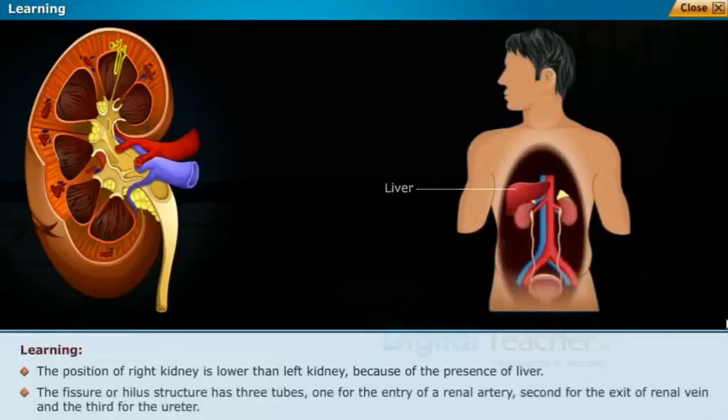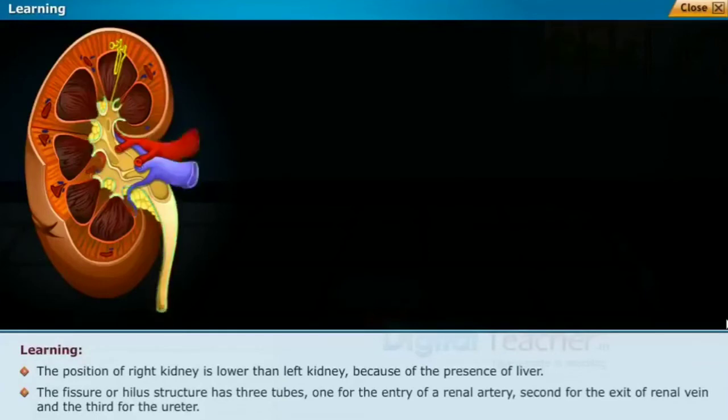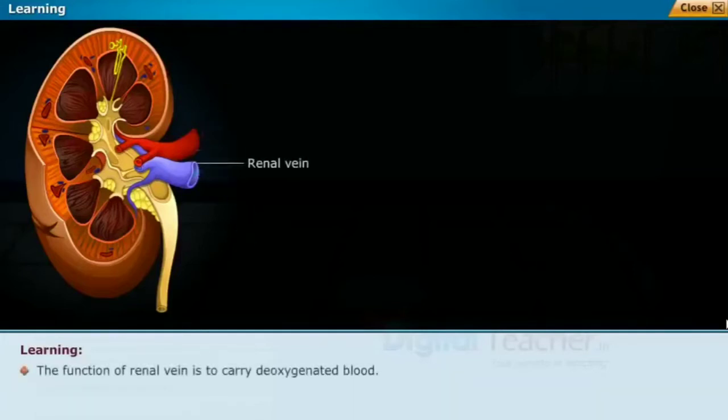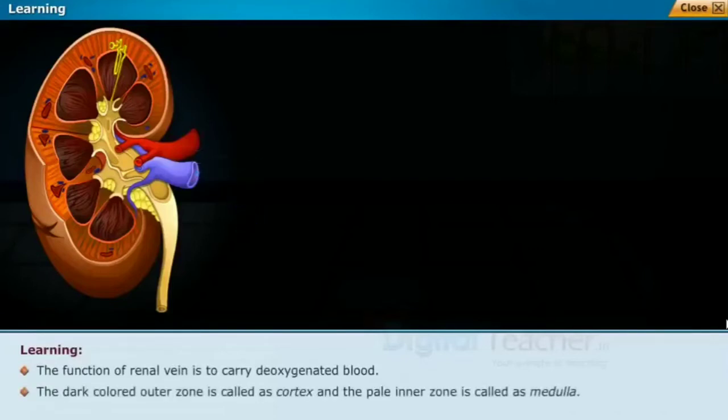The fissure has three tubes: one for the entry of the renal artery, second for the exit of the renal vein, and the third for the ureter. The function of the renal artery is to bring oxygenated blood loaded with waste products. The function of the renal vein is to carry deoxygenated blood. The dark-colored outer zone is called the cortex and the pale inner zone is called the medulla.